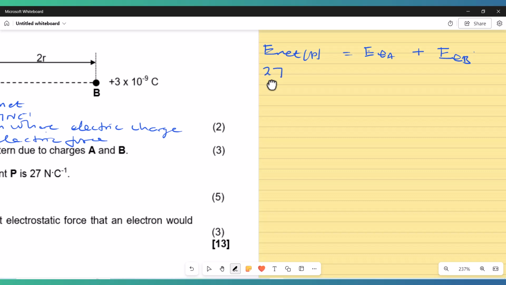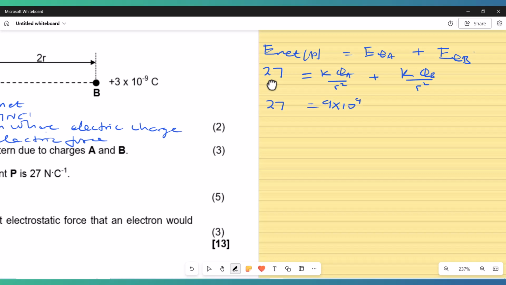But the E net given to us is 27, okay? Now, how do we find the E because of charge A? We use K times charge A divided by the distance squared, okay? What about there? We use K times the charge B divided by distance squared, okay? Let us now substitute. This is our 27 here, then our K does not change, 9 times 10 to the power 9.